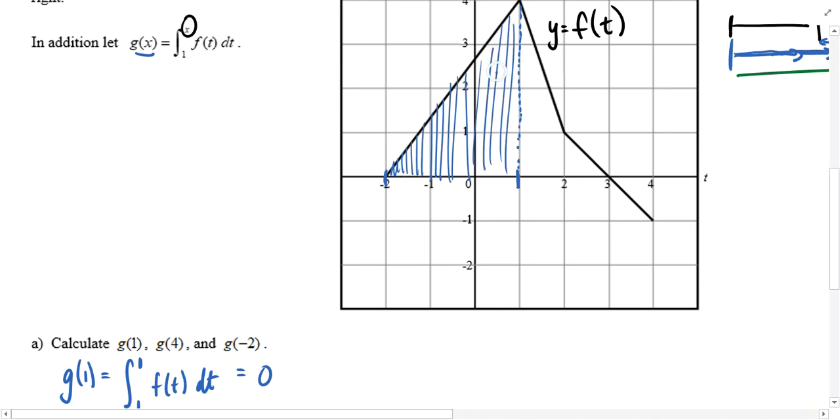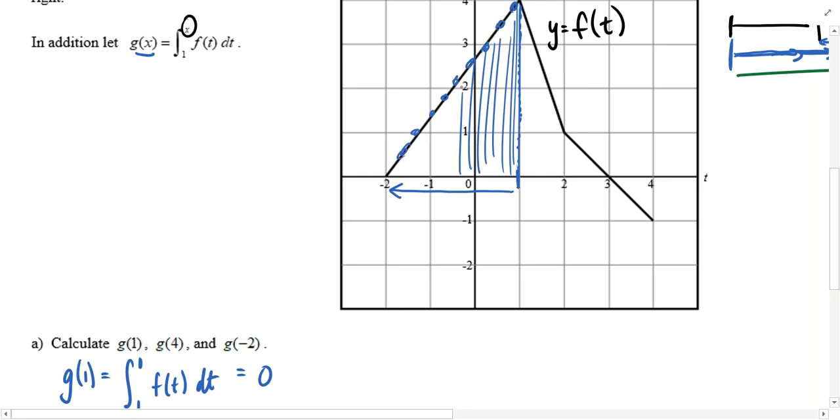We're speeding up and we're moving away from our starting point. But if we talk about traveling from 1 backwards to -2, we're not speeding up along the way. We're actually reducing our speed. Each of these data points indicates a loss of speed or velocity. And as we lose speed, the rate at which we accumulate change decreases.